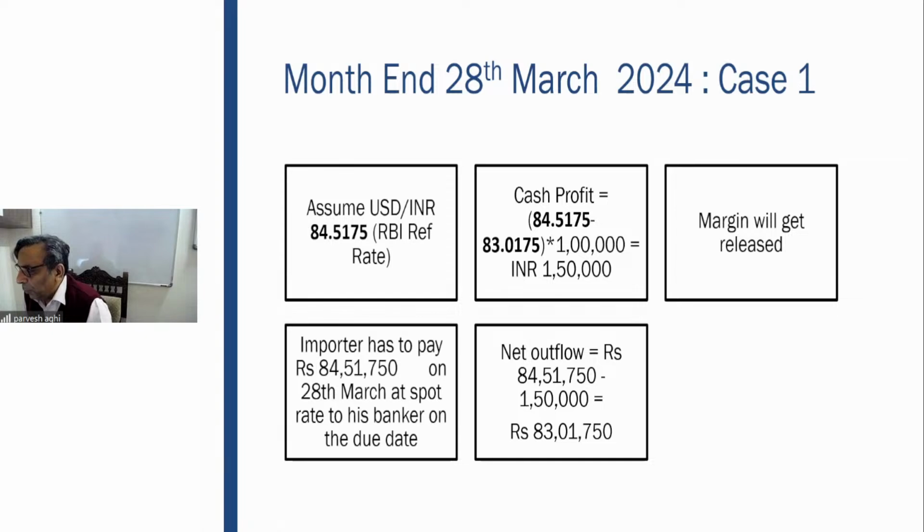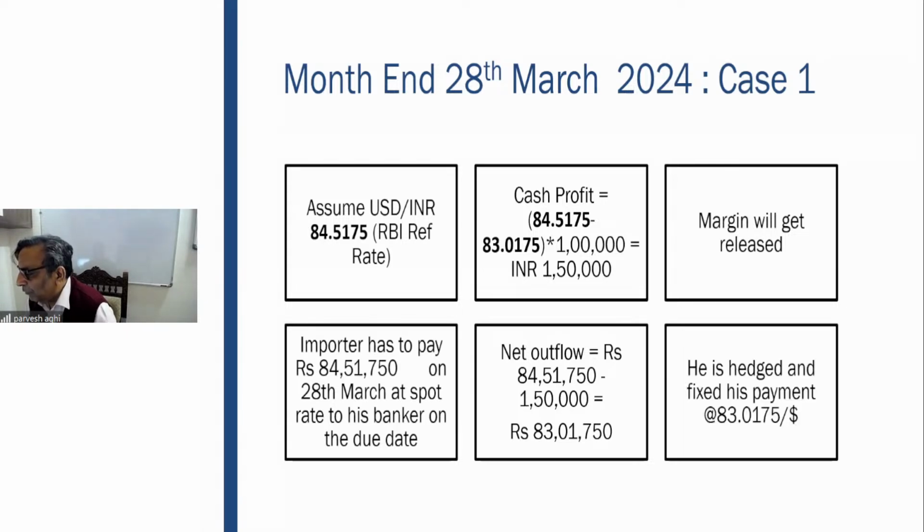Assuming the spot rate is 84.5175, which was published by RBI, I'm going to make a payment around that rate to my banker, which is going to be 84,51,750. But since I have got a profit from the stock exchange of 1,50,000, I lost in the spot market but gained from the stock exchange market. So my net outflow will be only 83 lakh 1,750, which means I am hedged.